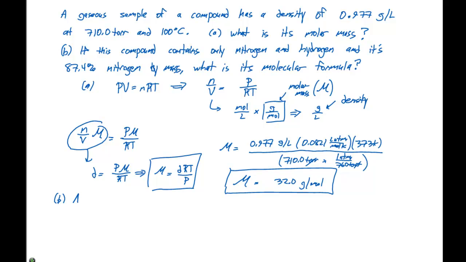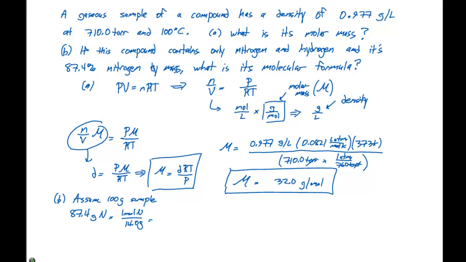So first we're going to assume a 100-gram sample. If we assume a 100-gram sample, 87.4% is nitrogen, so we have 87.4 grams of nitrogen. We multiply that by 1 mole of nitrogen per 14.0 grams.